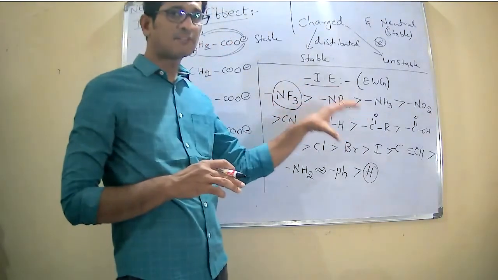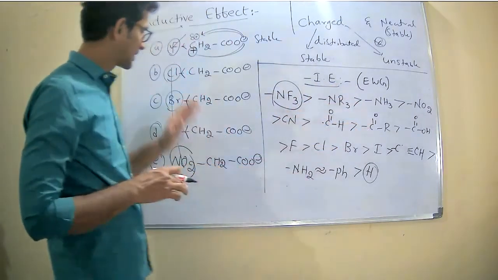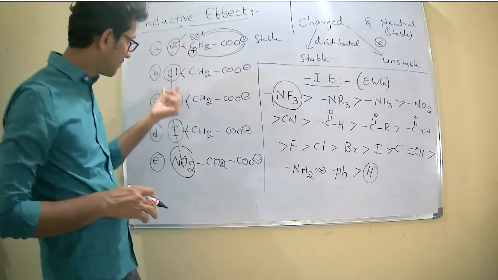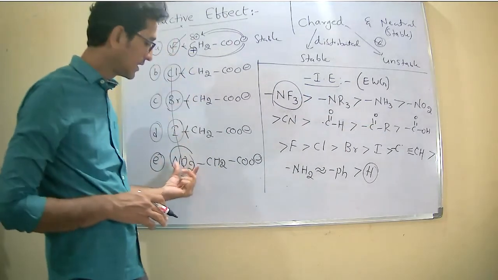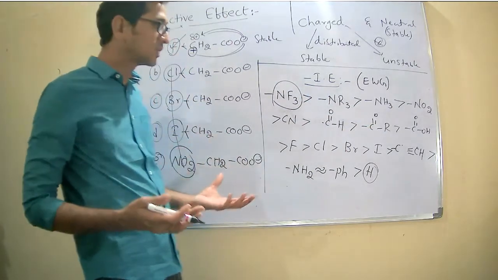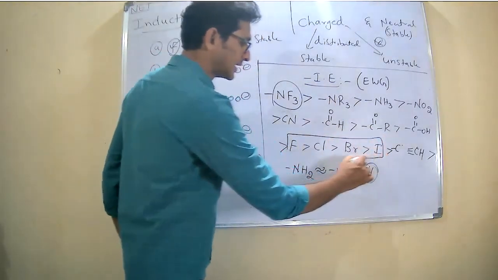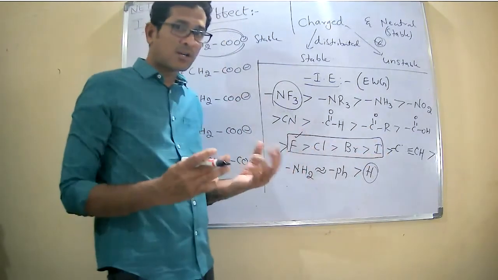Based on this order, we can decide the stability of any compound. For example, I included the group E. If you compare the electron withdrawing power of all these five groups, then you will decide which is more stable. See here, we have fluorine, chlorine, bromine, iodine here. Among these halogens, fluorine is more electron withdrawing.